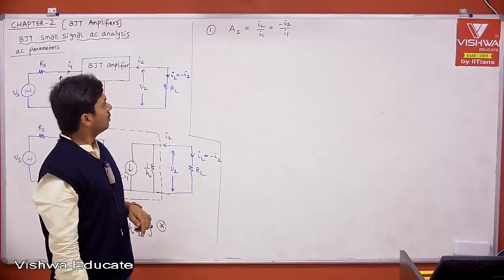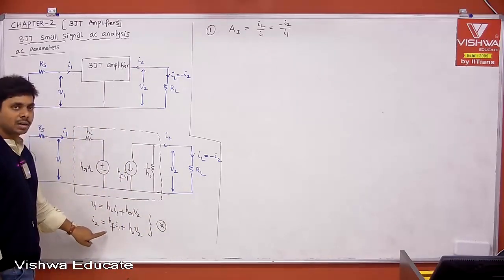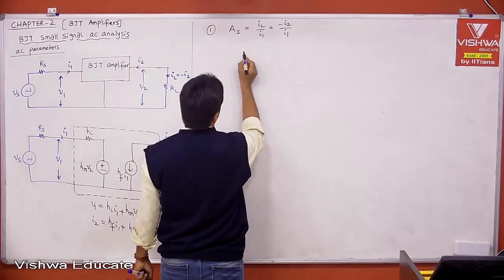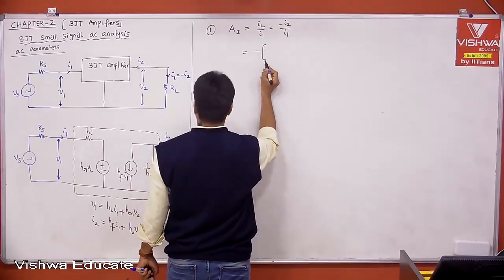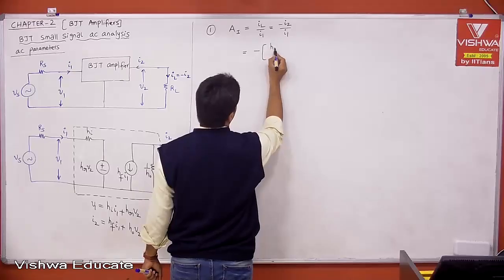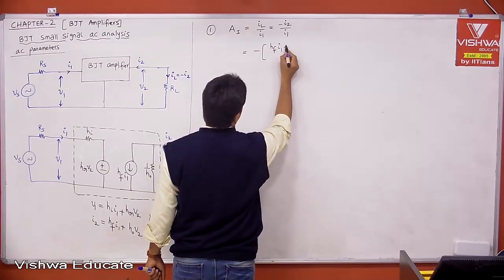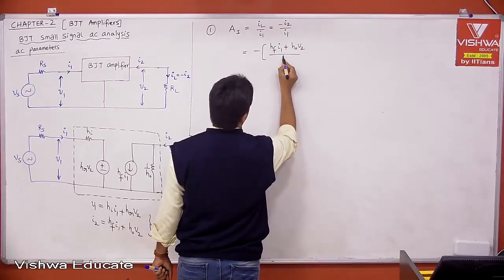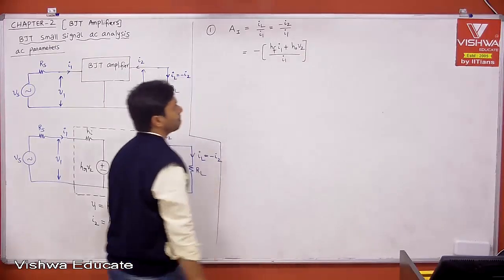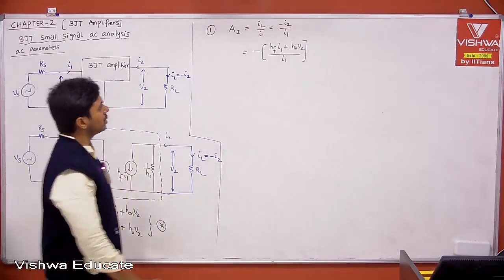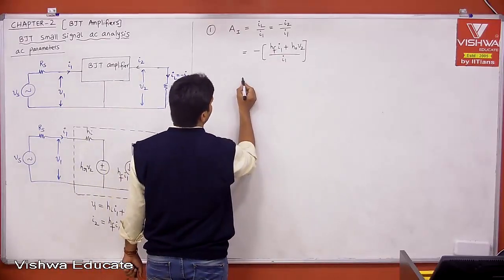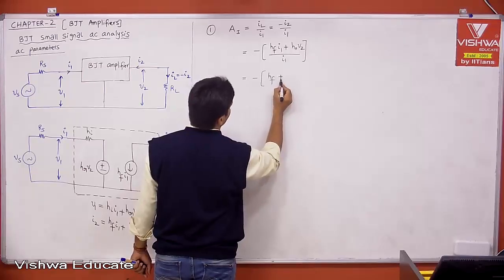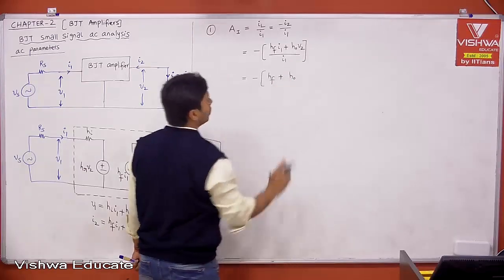Now, we already know I2 from star. Substitute, and what do you get? Minus I2 is nothing but HF into I1 plus HO into V2, divided by I1. Then I1 will be cancelled. This is simply minus HF plus HO into V2.